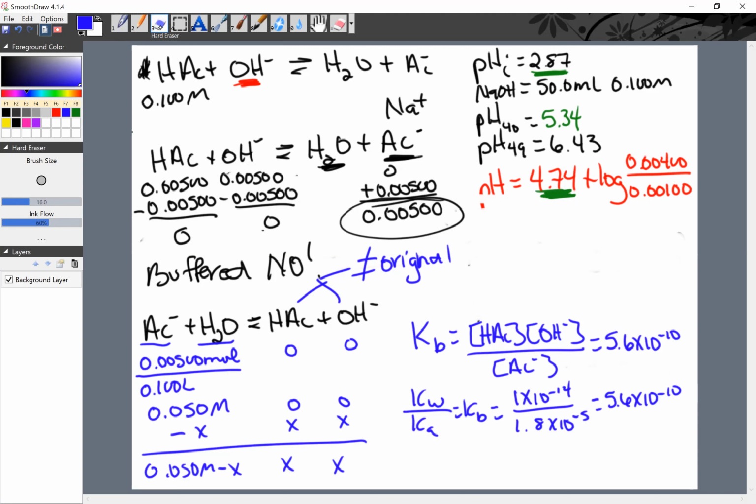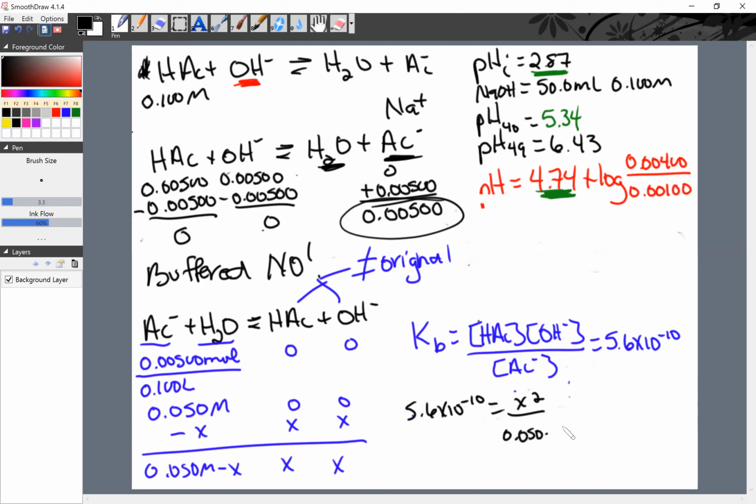All right. I have my KB and now I'm going to plug everything in. So 5.6 times 10 to the minus 10th is equal to x squared over 0.050 minus x. I'm going to ignore the x.